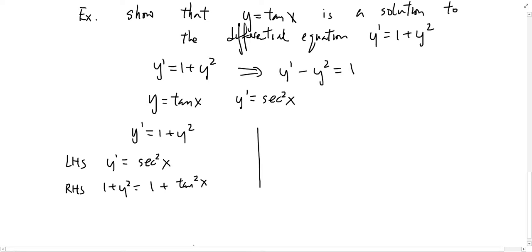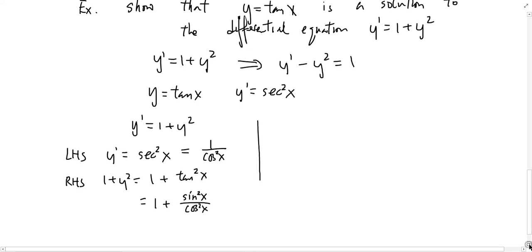Now, if you don't know the Pythagorean identity, maybe we can do this. We'll just do some extra steps on the left side to get it to work. Secant squared x, technically speaking, is 1 over cosine squared x. Now, what happened to 1 plus tangent squared x? Well, 1 plus tangent squared x is the same as 1 plus sine squared x over cosine squared x, because tangent is sine over cosine.